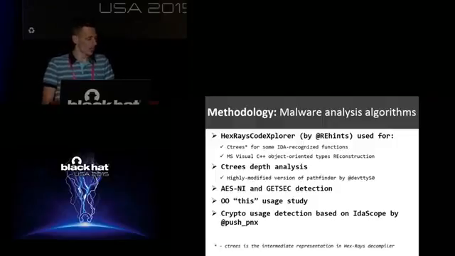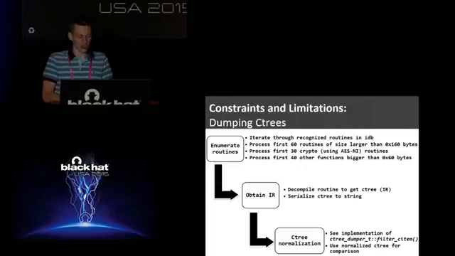And in the next slides, I will present some limitations and design criteria which we were using for Hex-Rays Code Explorer for dumping ctrees and C++ types, for doing depth analysis and detecting crypto stuff. So let's first start with the ctree analysis. The process is rather simple.